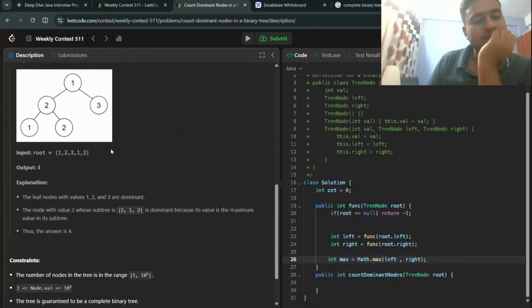One, two, three, four. So the node with value 2, whose subtree is 2, 1, 2, is dominant because its value is the maximum value in its subtree.